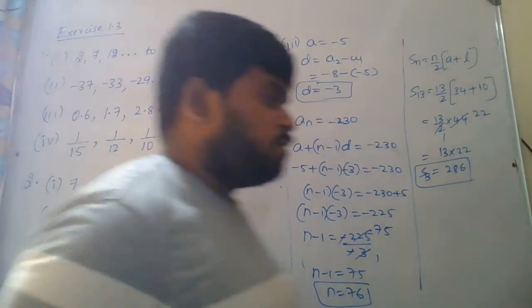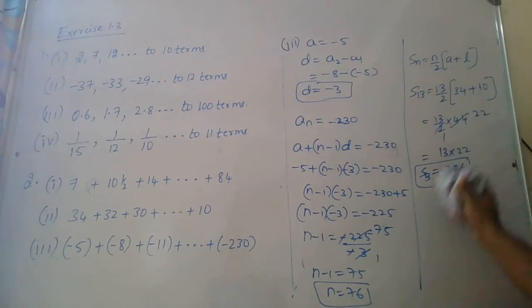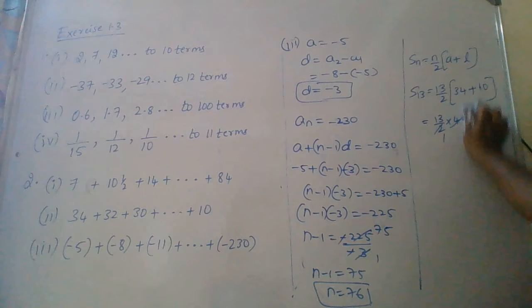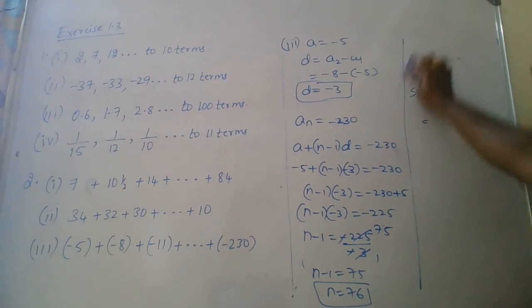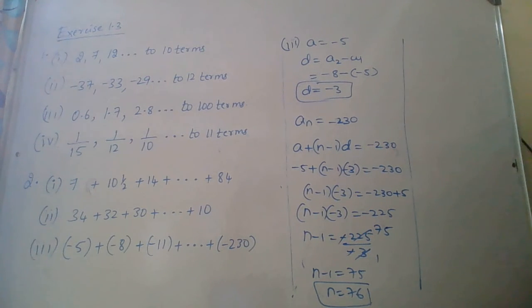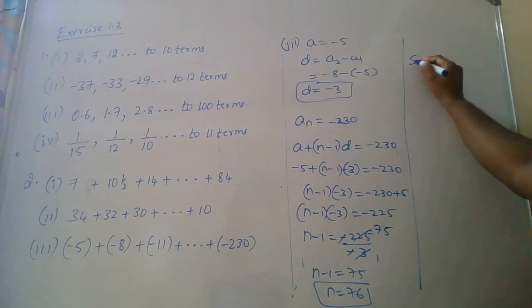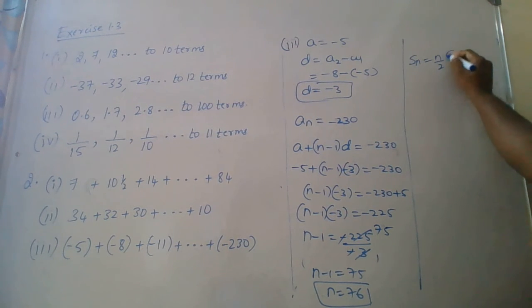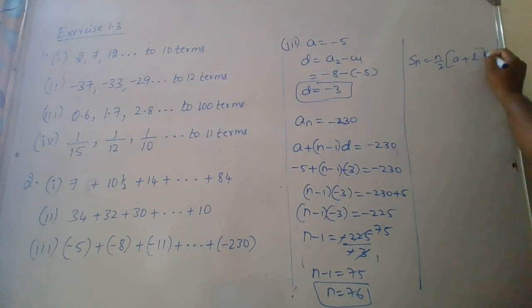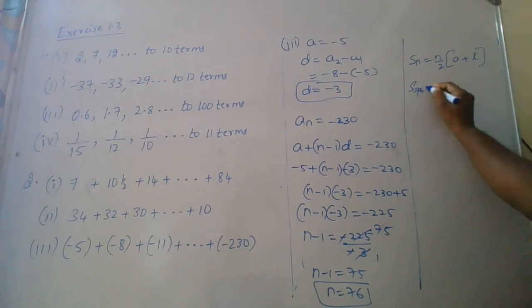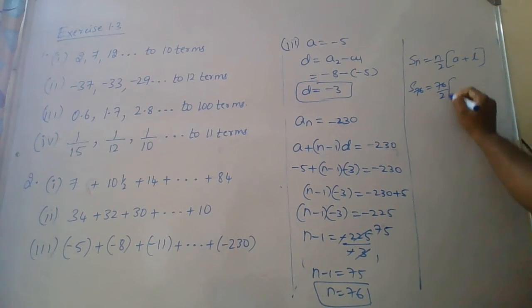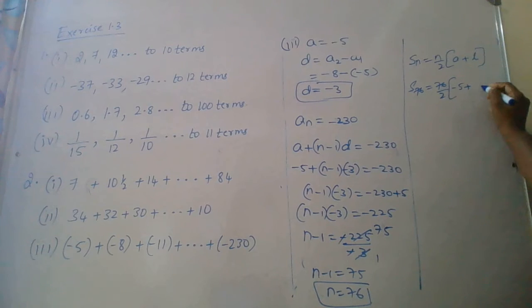So let's use the formula. What is the formula here? The formula remains the same thing. Sn is equal to n by 2 into a plus l. So n is 76, so 76 by 2. A is minus 5 plus l is minus 230.